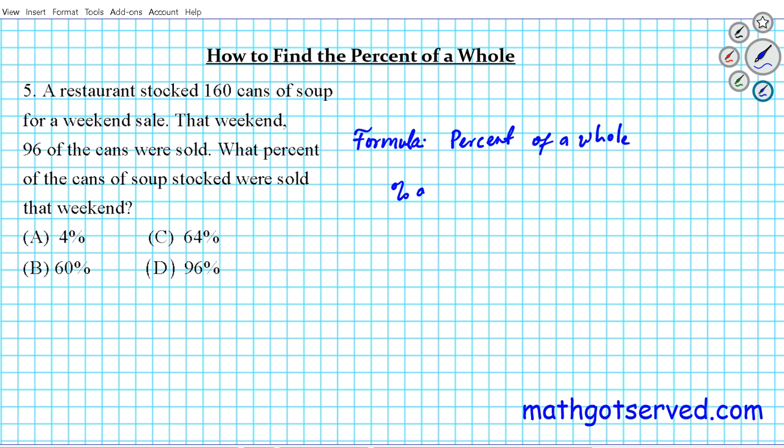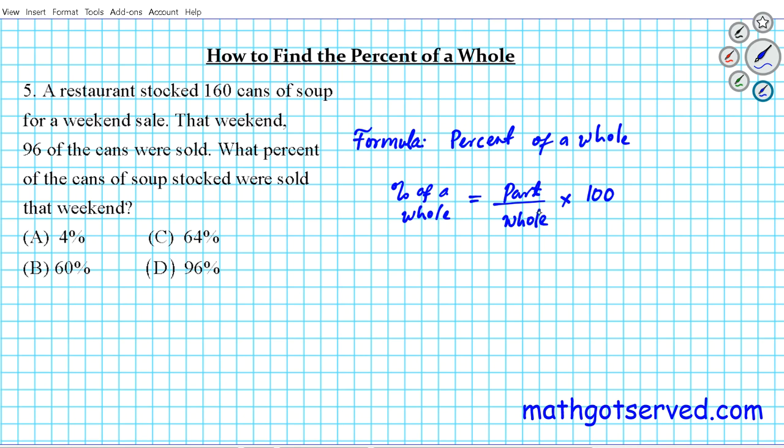So percent of a whole is basically the part that you want to find the percent of divided by the whole. That gives you the fraction of the whole, multiplied by 100.